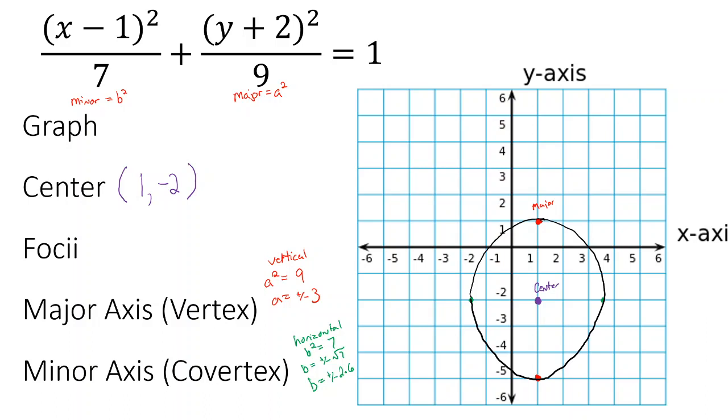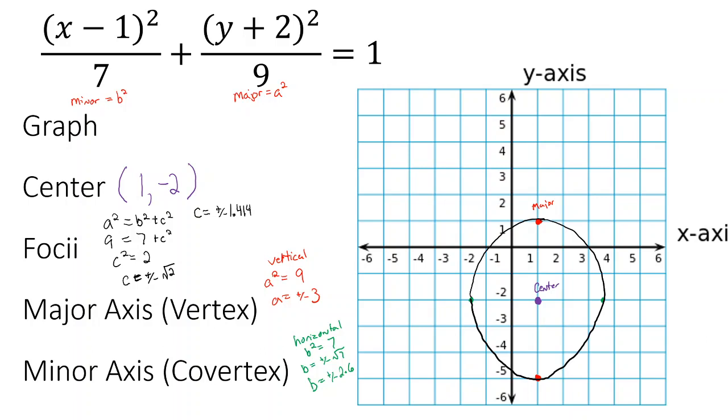So now I got to find the foci. Foci are found by a squared equals b squared plus c squared. So if a squared is 9 and b squared is 7, that would make c squared equal 2. So c equals plus or minus the square root of 2, which we've already determined today is plus or minus 1.414.